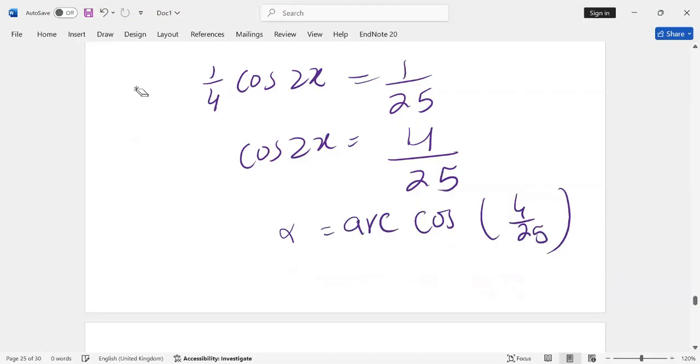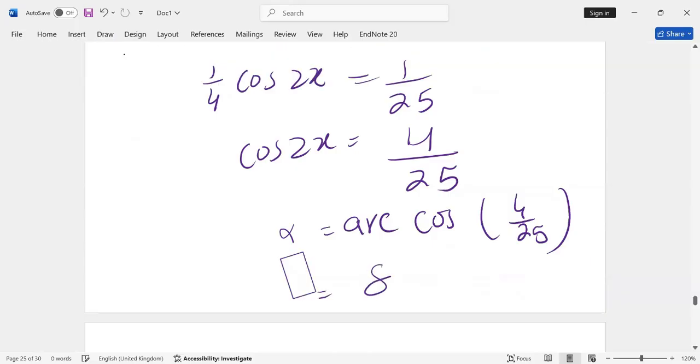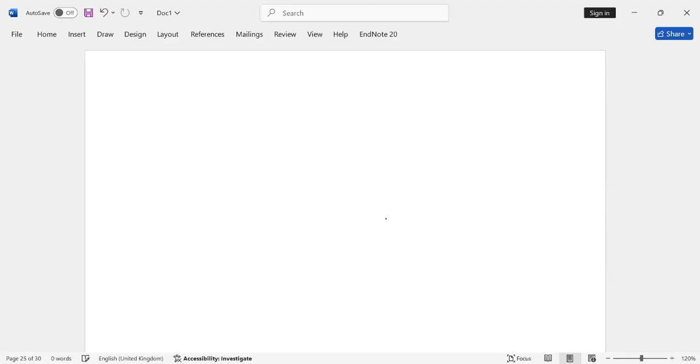So the answer for alpha is 80.79 degrees. Now, since cos 2x is positive, we must use the first and fourth quadrants.